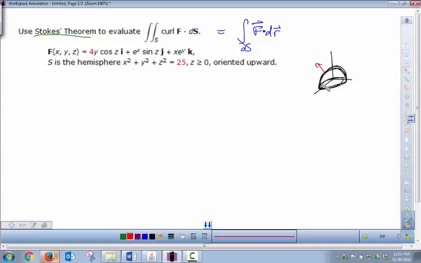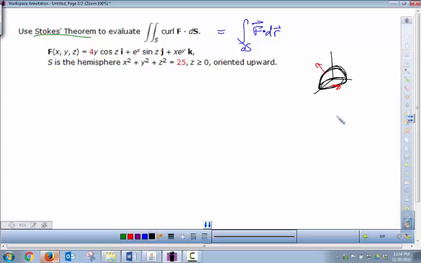As you get closer and closer using the right-hand rule, or however you want to look at it, it looks like we should be going in a counterclockwise direction if you view it from the top. So that would be the orientation.